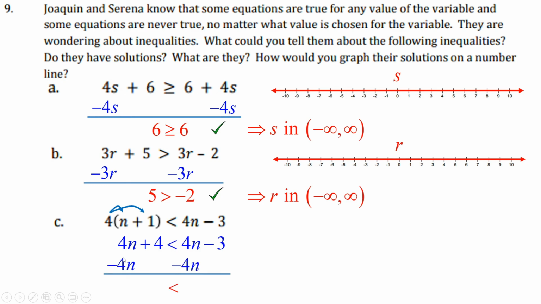Less than, and 4n minus 4n plus 4 is 4, and then 4n minus 3 would be negative 3. Now, is 4 less than negative 3? That is not true. Doesn't work. 4 is not less than negative 3.